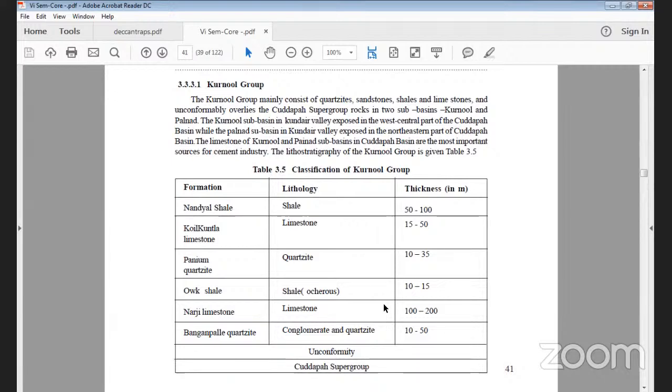Next one is the Owk shale, an ochreous material, with a thickness of around 10 to 15 meters. Another one is the Paniam quartzite, which is quartzite, with a thickness of maybe 10 to 35 meters.